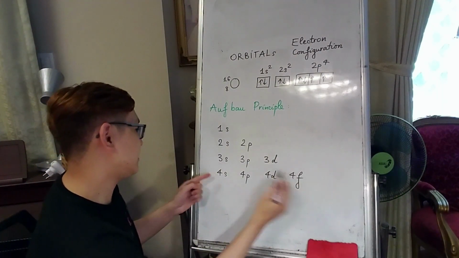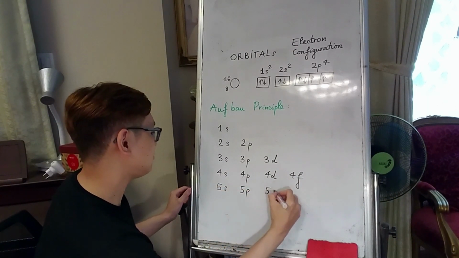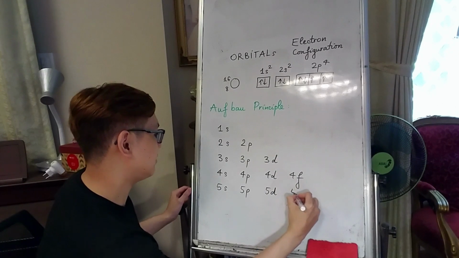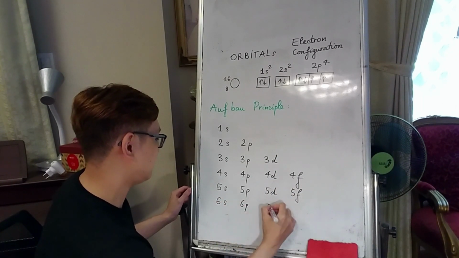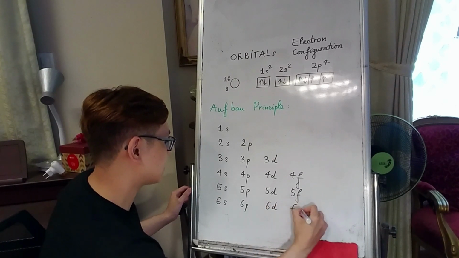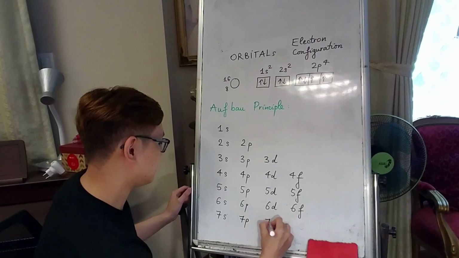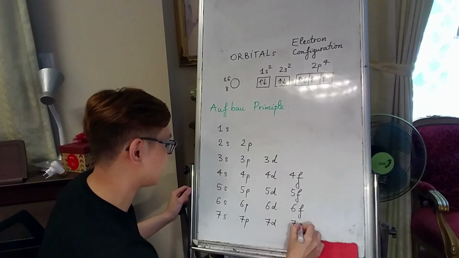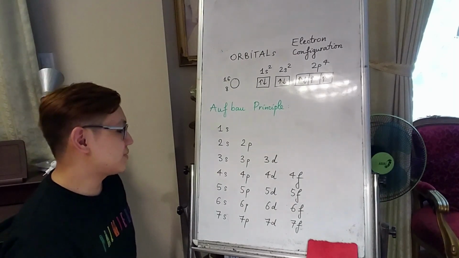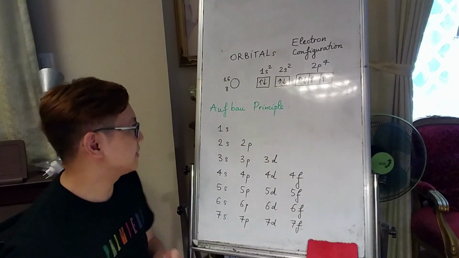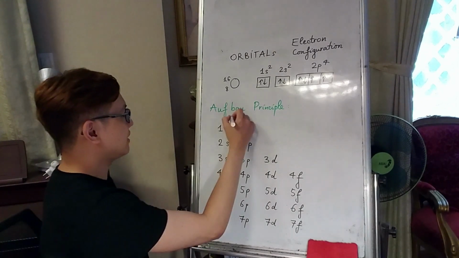But you have only s, p, d, f to begin with. 5s, 5p, 5d and 5f. 6s, 6p, 6d and 6f. And finally 7s, 7p, 7d and 7f. Okay, so how do we go? In this case, we start here.